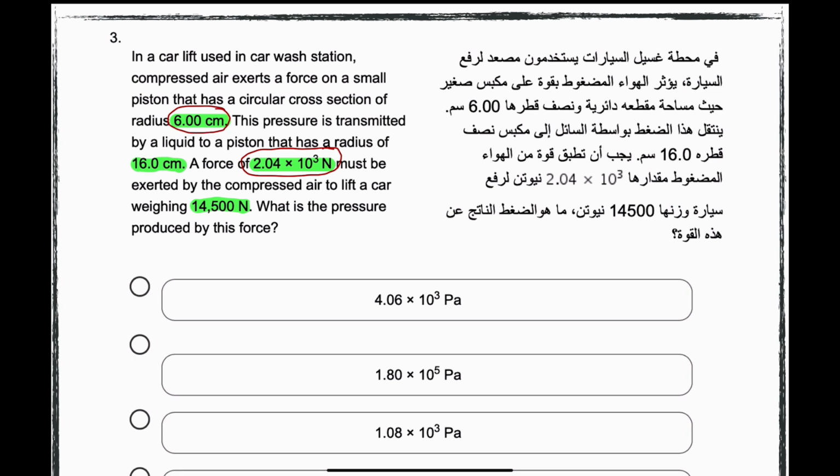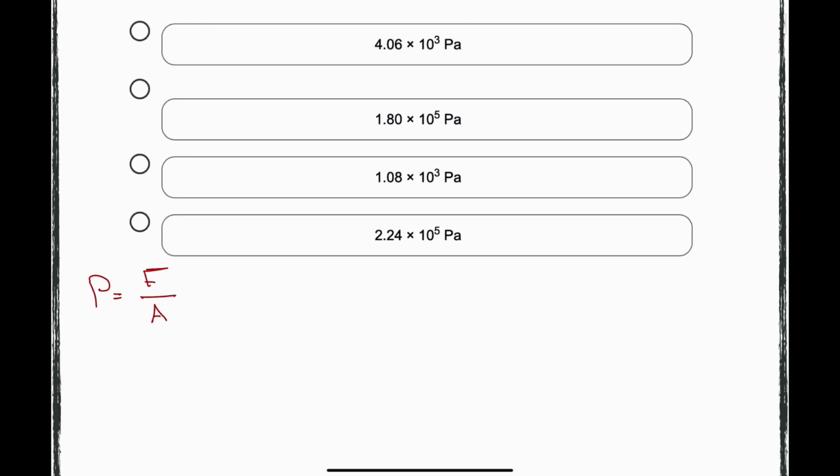So we need to convert centimeters to meters. So 6 centimeters equals 0.06 meters. To get the cross-sectional area of a piston, which is pi r squared, it would be equal to pi times 0.06 all squared.